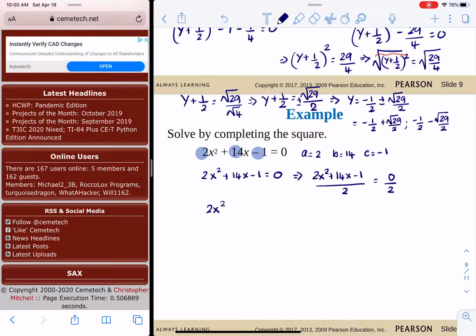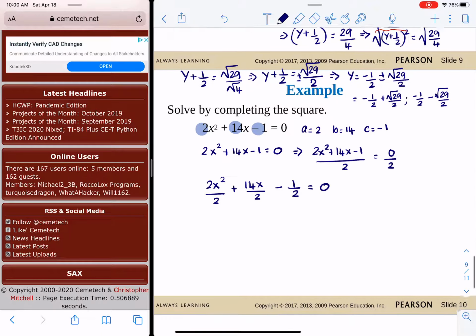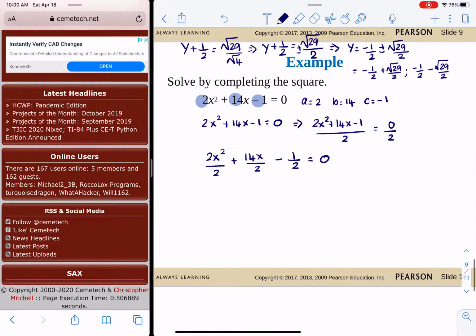So I can split it up and write it as 2x squared over 2 plus 14x over 2 minus 1 over 2. And 0 over 2 is simply 0. So the 2's would go away. 2 and 2 would get cancelled. So I have x squared plus 7x minus 1 over 2 equals 0.